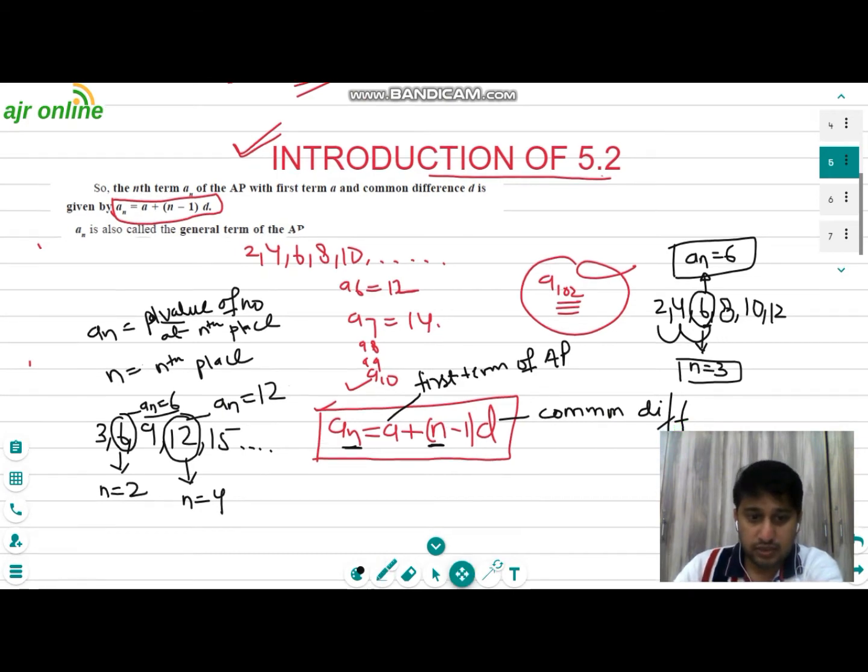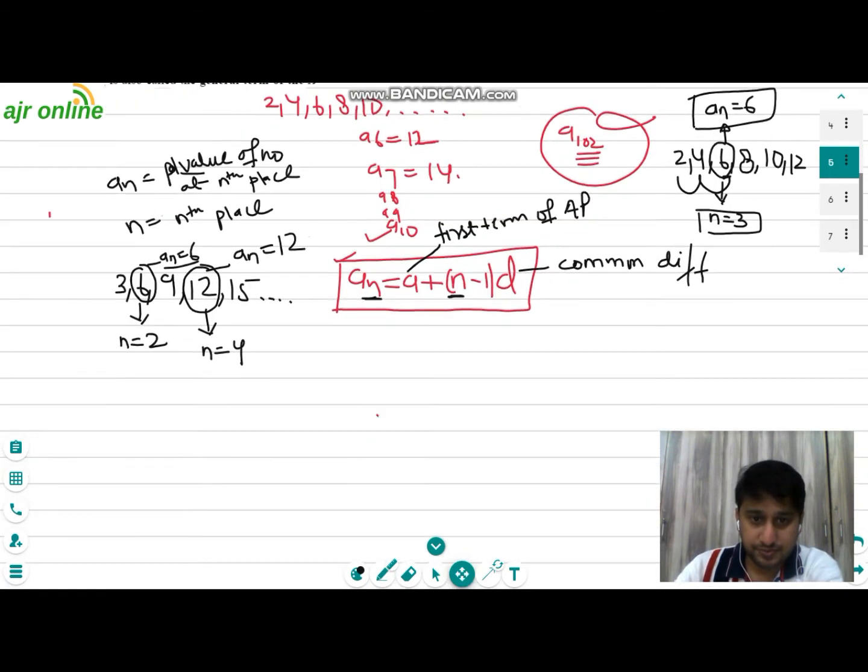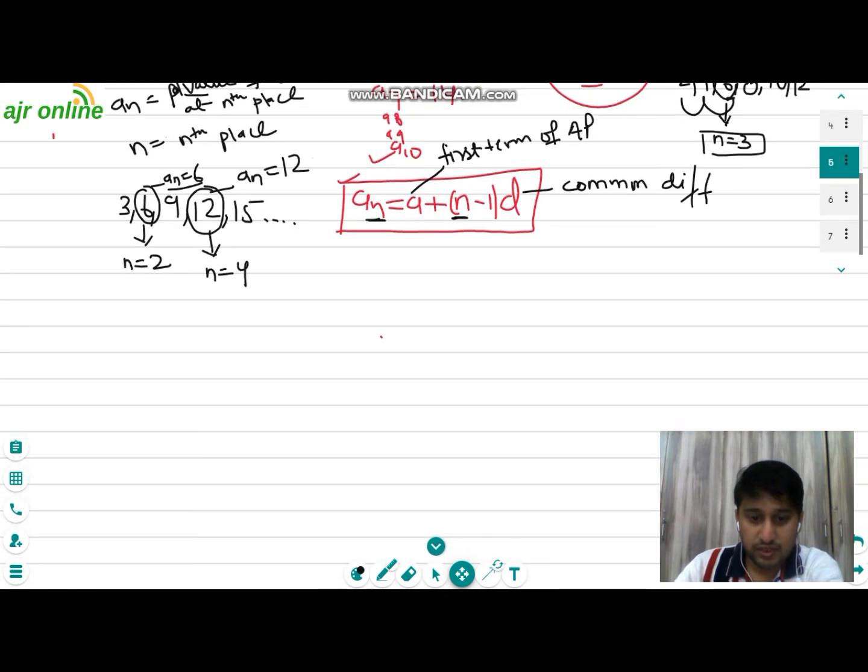One more thing needs to be explained. For example, an AP is there, 2, 4, 6, 8, 10, and we have to find its 105th term.